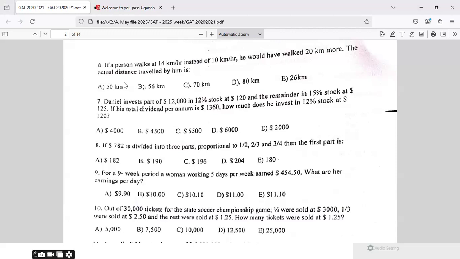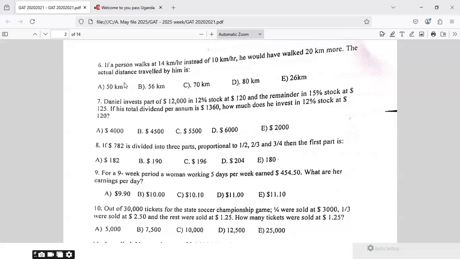So the question wants us to find the actual distance traveled by him with the 10, because a person walked at 14 but was supposed to use 10. So they covered 20 more kilometers because of the 14. But what's the actual distance if they had used 10 kilometers per hour?